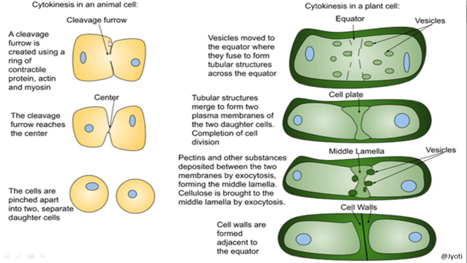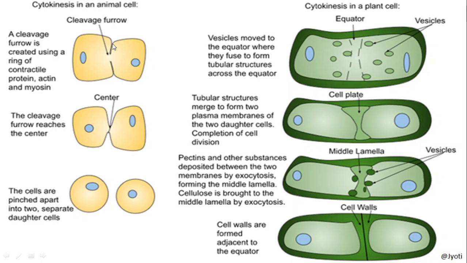You can see a cleavage furrow is created, and this is formed by a ring of contractile proteins, mainly actin and myosin, gathered here.